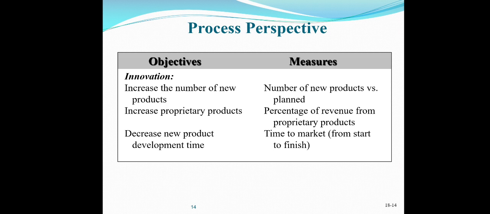So let's see here, if the objective is innovation, then the sub-objective can be to increase the number of new products, and the measure can be the number of new products versus the planned new products. So things like that: innovation, decrease new product development time.